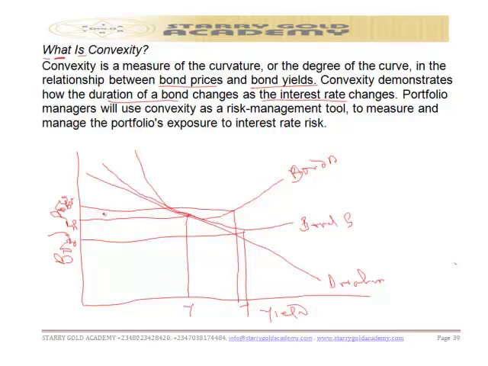What we are trying to drive at here is that you see that bond A is more curved than bond B. Understand?